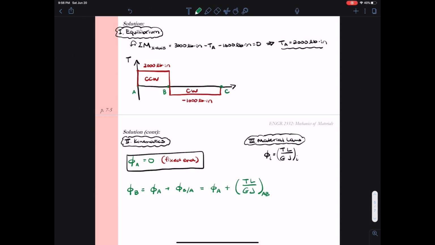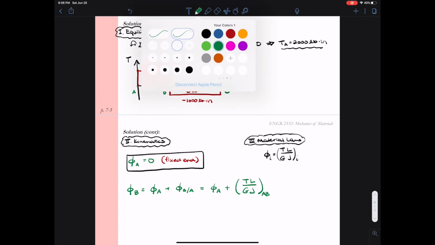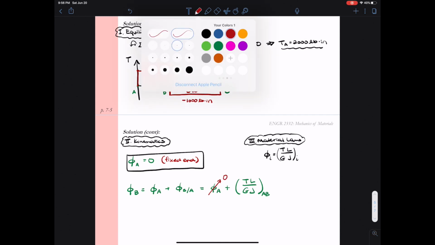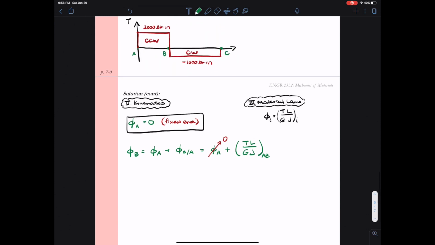So this is going to translate to be the angle of twist at A plus the TL over GJ that's occurring on segment AB. We already know that the angle of twist at A is 0, so now I just need to evaluate TL over GJ for segment AB.